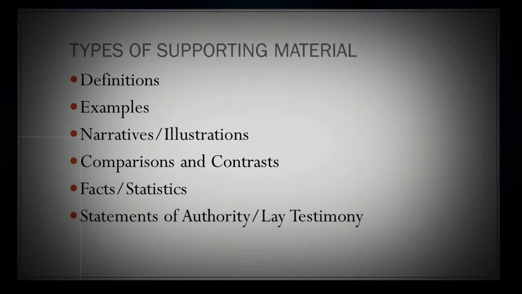We can talk about an immigrant, or we can talk about illegal aliens, or we can talk about refugees, or we can talk about undocumented residents. An immigrant is a person who comes to live permanently in another country. A refugee is a person who has been forced to leave their country to escape war, persecution, or a natural disaster. So that definition should come early on in your speech.